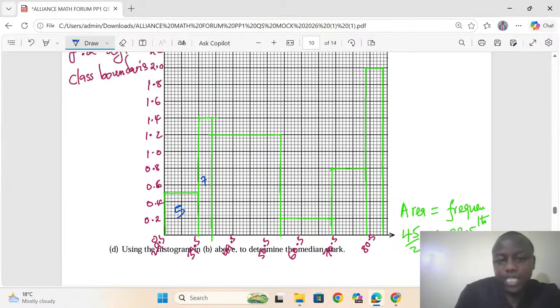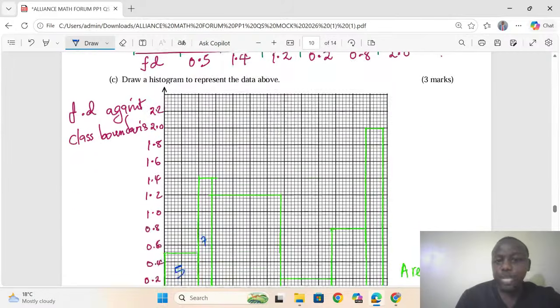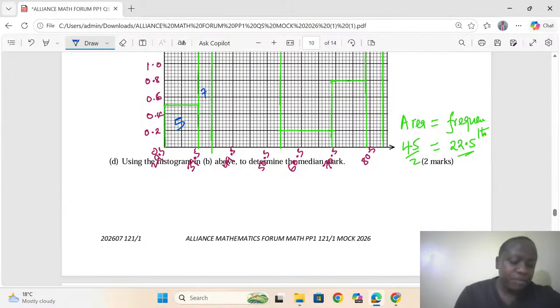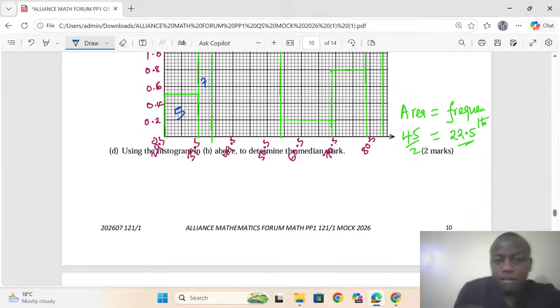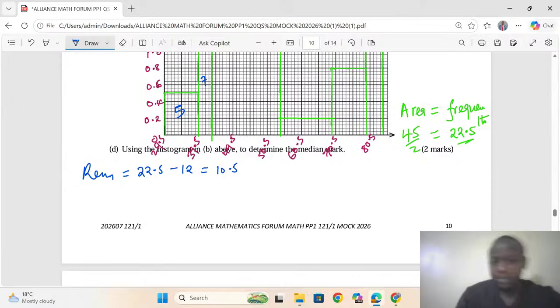Now in the third class, how many people are there? They are 12. 12 plus 12 will give us 24, so we shall be beyond. We need up to 22.5, and we have 5 and 7, that is 12. When we take 22.5 and subtract 12, we get 10.5. So we need 10.5 more.